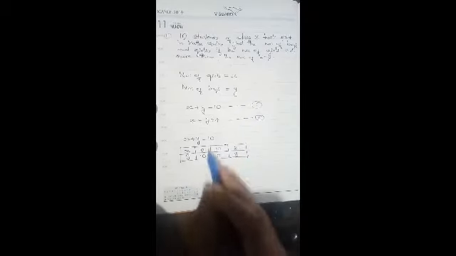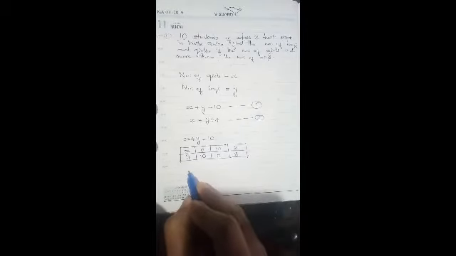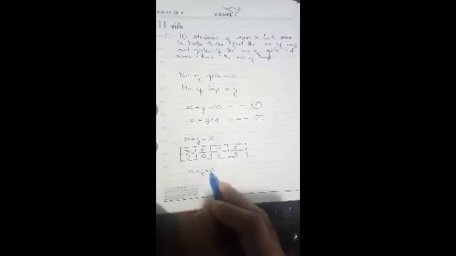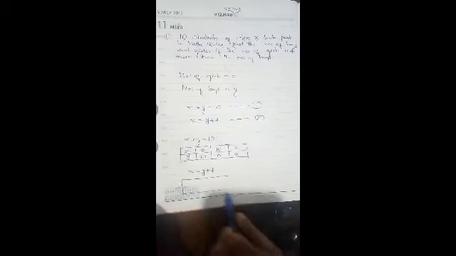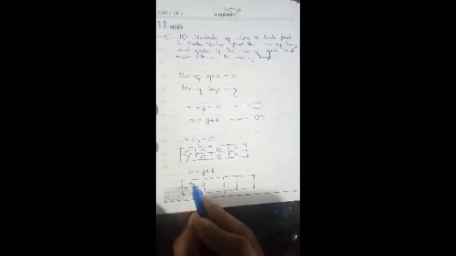Before that, we have to find out some points related to the second equation, that is x is equal to y plus 4. x, y.